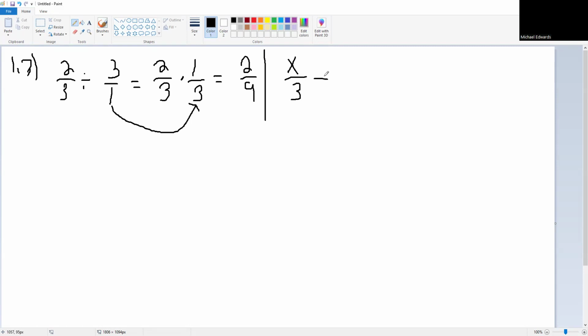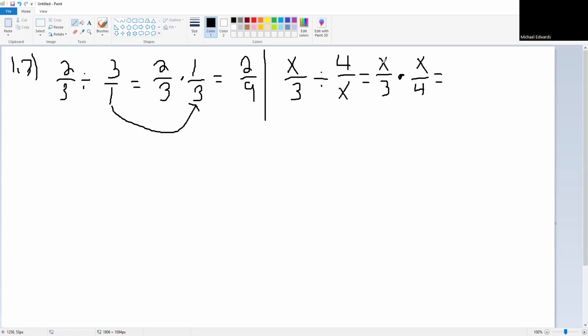That's regular fractions. So rational fractions would follow the same pattern, except we have x's and y's and cubes and squares and all those. So this is x/3 divided by 4x. In order to do this, we will write it as x/3 and then change it to multiplication, and flip the last one.